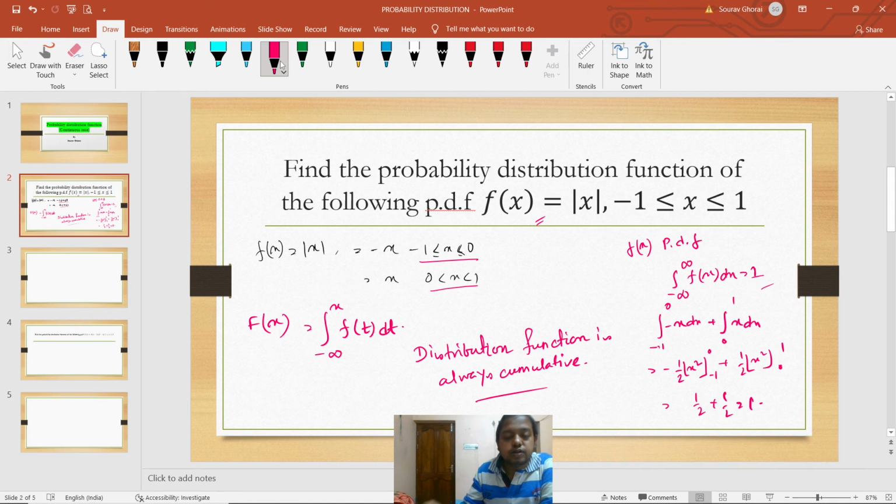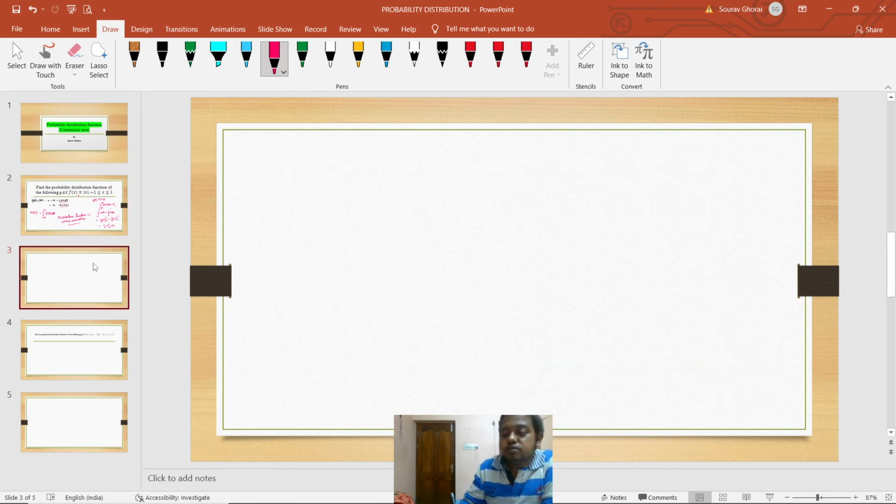How can I find the distribution function? The distribution function is mainly defined by F of x equal to the integral from minus infinity to x of f of t dt. Also remember one thing: the distribution function is always cumulative. In the next slide I want to show you how we can find the distribution function, which is defined over the total real line, minus infinity to plus infinity.